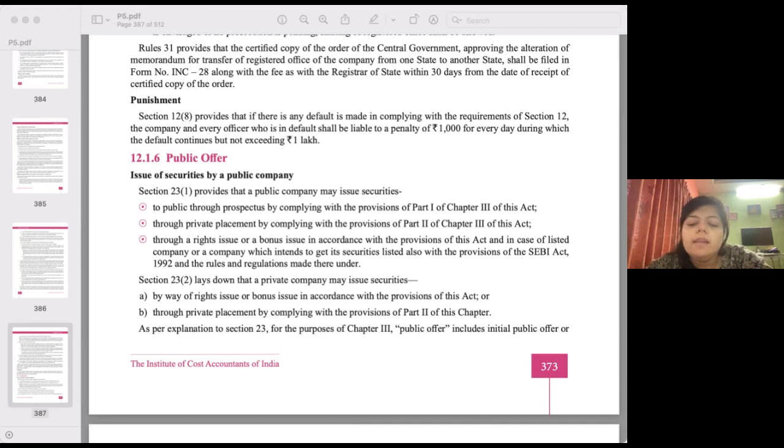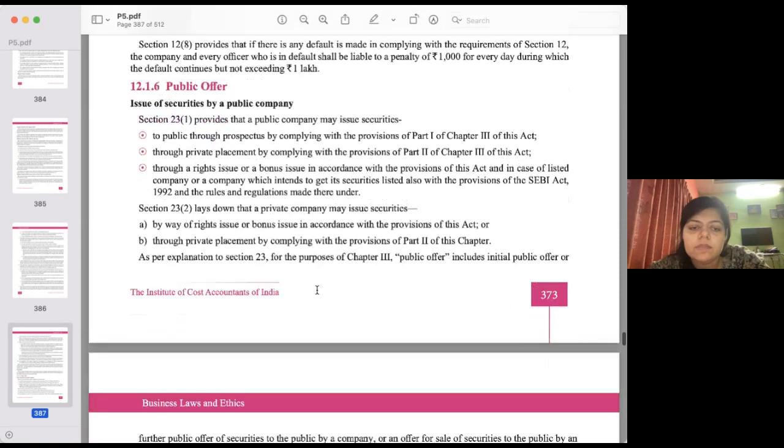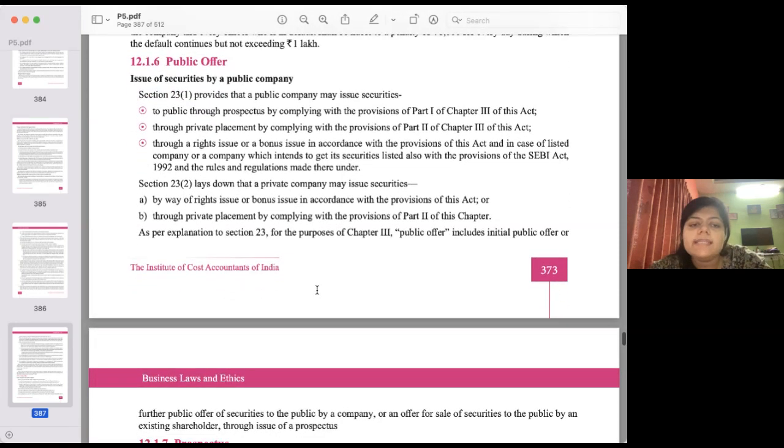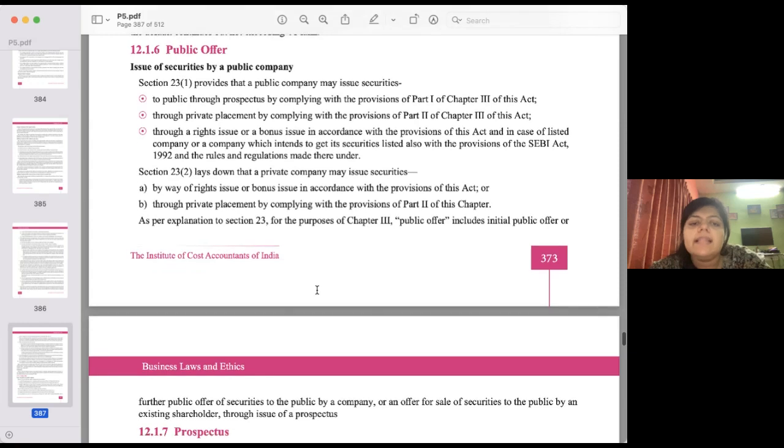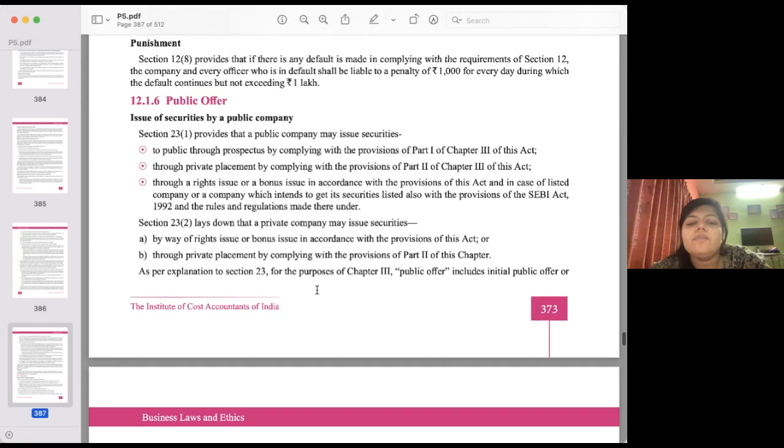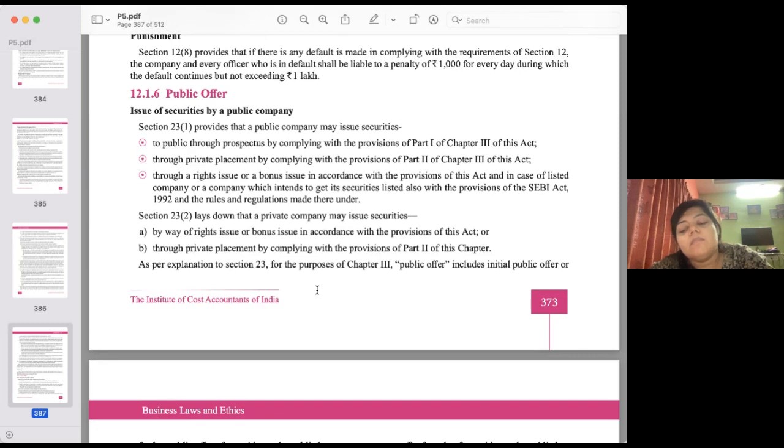Now, when we talk about a public offer, we talk about what exactly has been laid down for a private company. In private placements also, when you're picking and choosing your investors and shareholders, the disclosure still has to be made, because at the time of giving my money, I need to know what I am giving the money for.